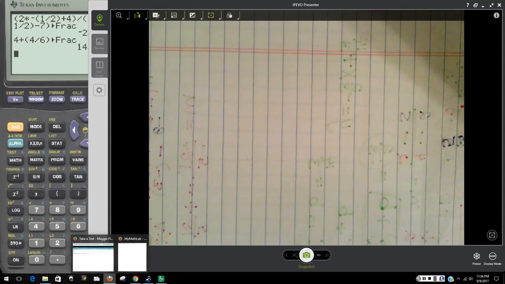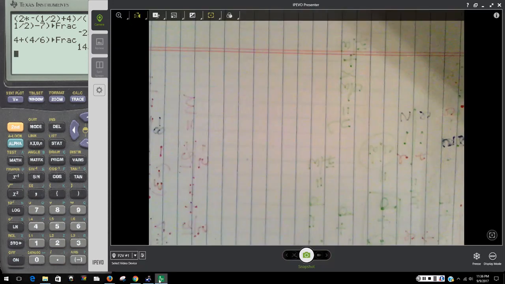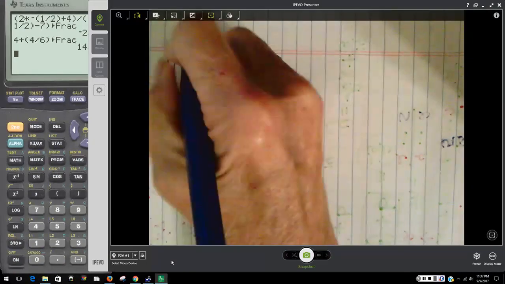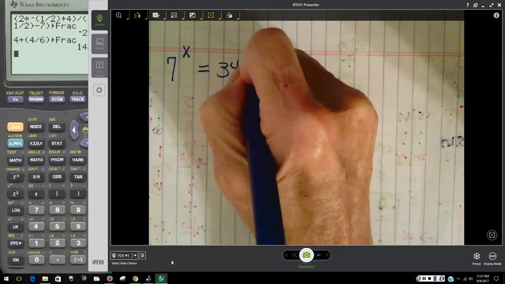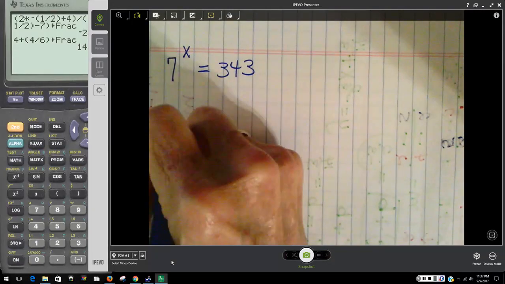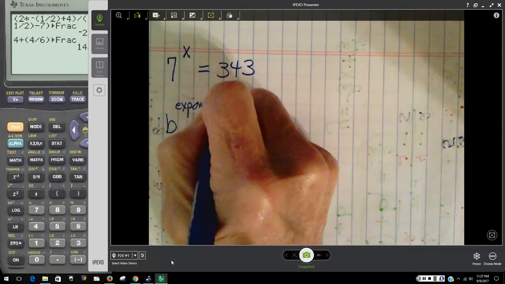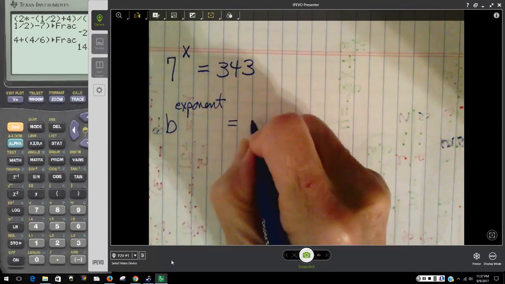The problem that we have says 7 raised to some power is equal to 343. Remember that 7 is the base, x is the exponent, and 343 is the result.